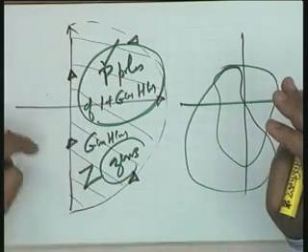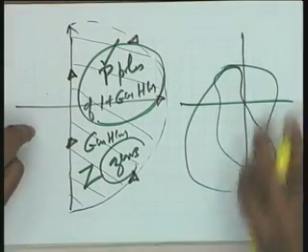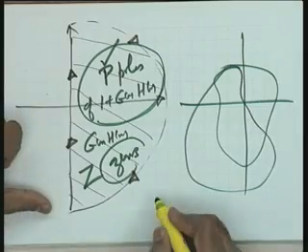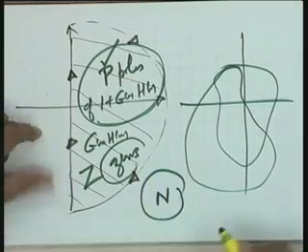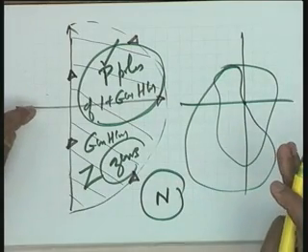Zeros of 1 plus GSHS you can work out in your own way, and you will find that zeros of 1 plus GSHS are nothing but the closed loop poles of the system, and poles of 1 plus GSHS are nothing but the open loop poles of the system. So, if there are P poles, a value which is known to you, and Z zeros, a value which is not known to you, and you have got the 1 plus GSHS map of the function in that particular region, and let us say that there are N encirclements of the origin in the counterclockwise direction.